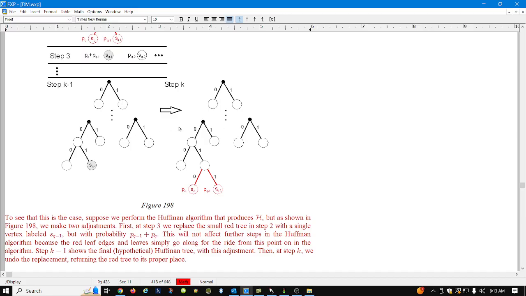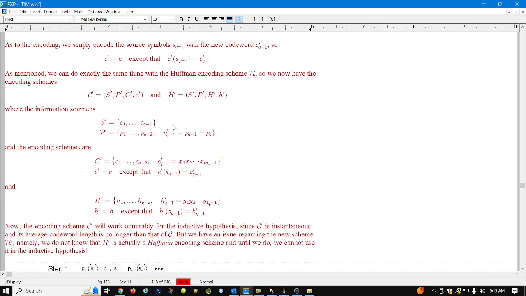Okay. But I hope at the very least you see the purpose, and that is we did need to make sure that this wasn't just any old encoding scheme, but it was an encoding scheme you get from a Huffman algorithm.